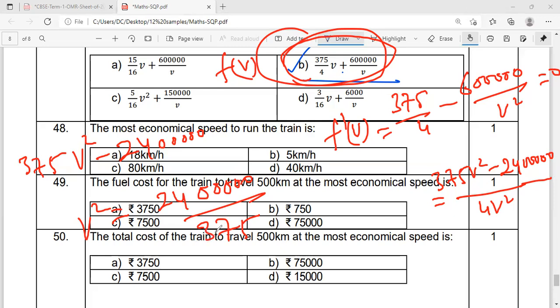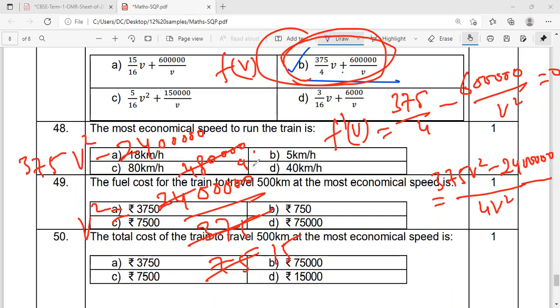So how much? 5 7s are 35. 5 5s are 25. 5 4s are 20. 5 8s are 40. And again 5. 1, 5, 15. And 5 9s are 45.